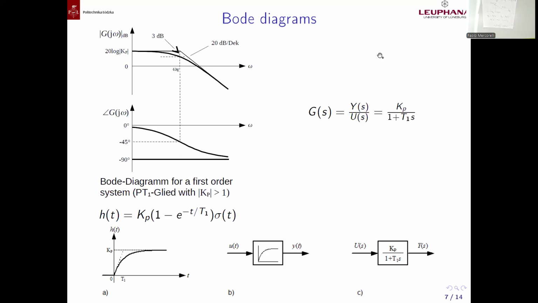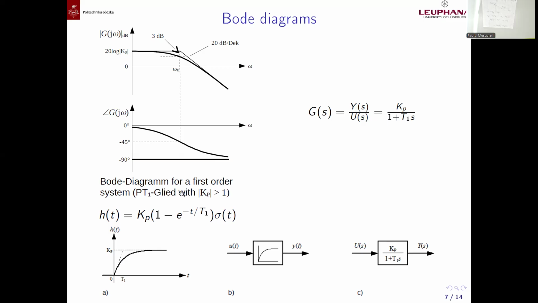Let me go ahead with this. We have seen also today how important this transfer function is. Kp divided by 1 plus T1s, a little bit more complex than before, but not extremely complex. Do you remember this function here, which also today we have seen, if you consider it in time?